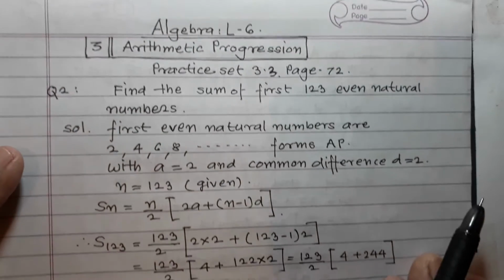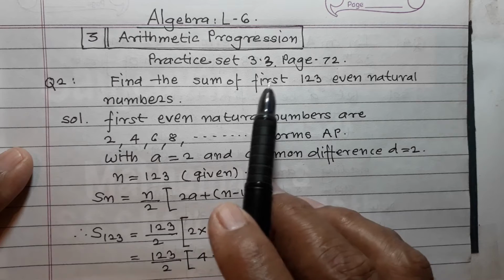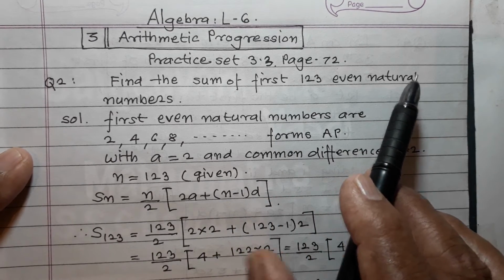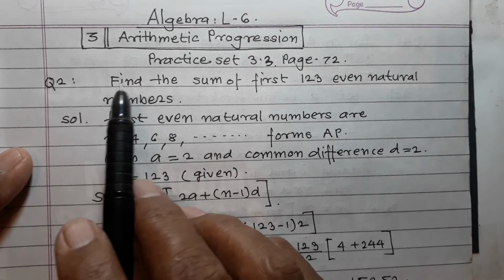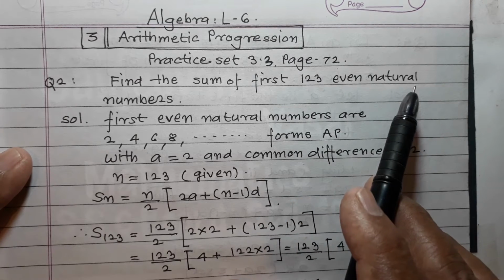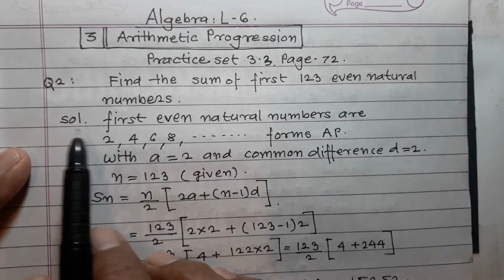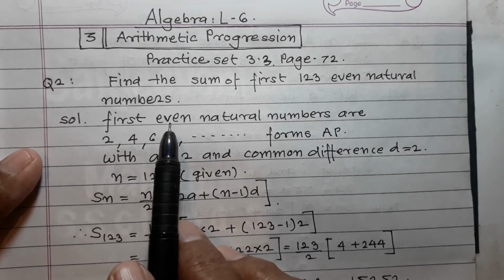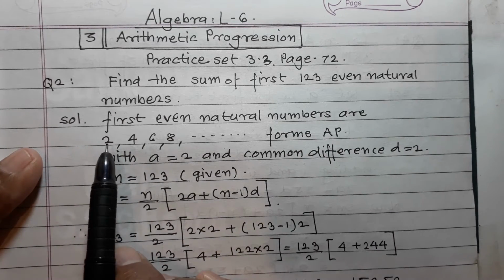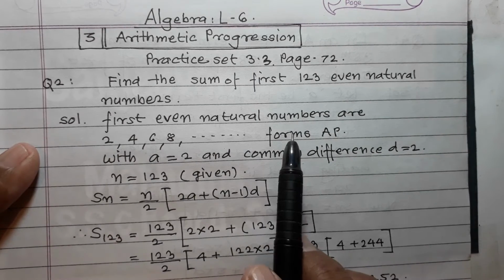Question number 2. Find the sum of first 123 even natural numbers. Now write down the solution. The first even natural numbers are 2, 4, 6, 8 and so on.